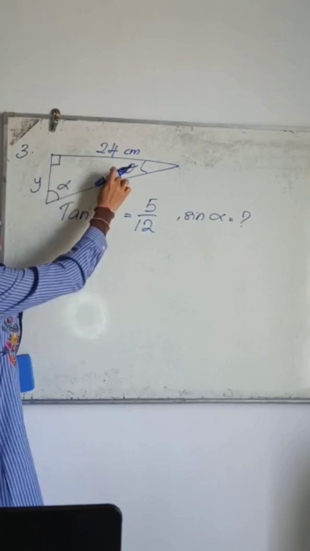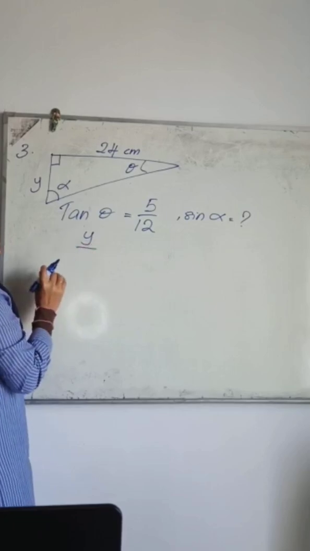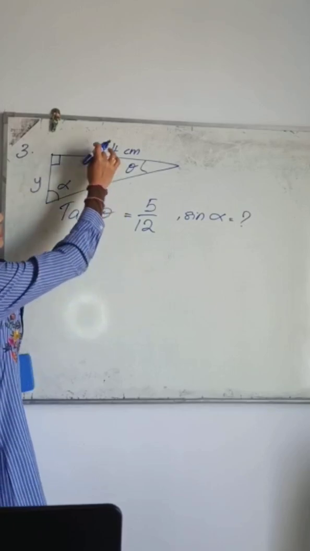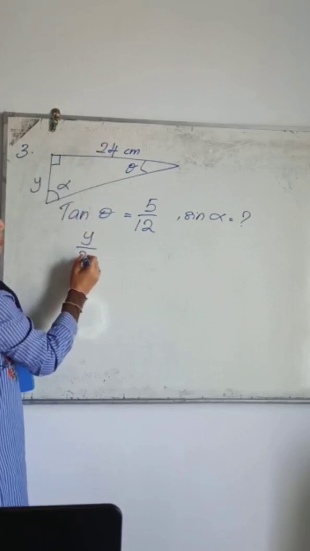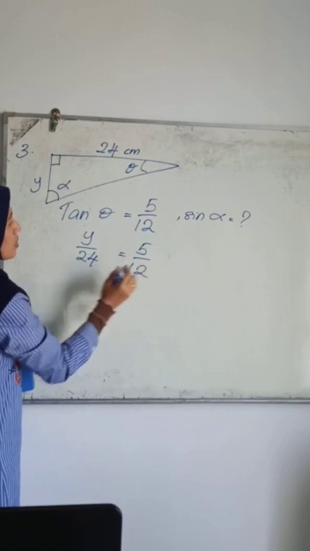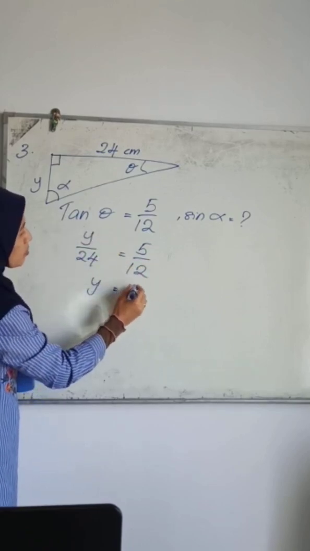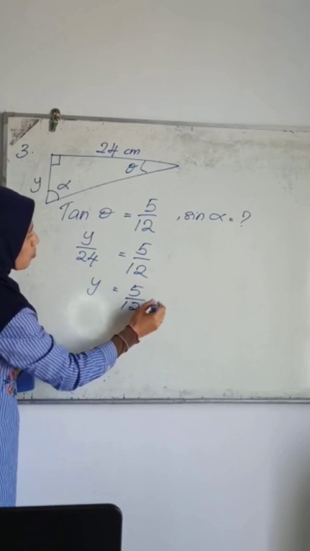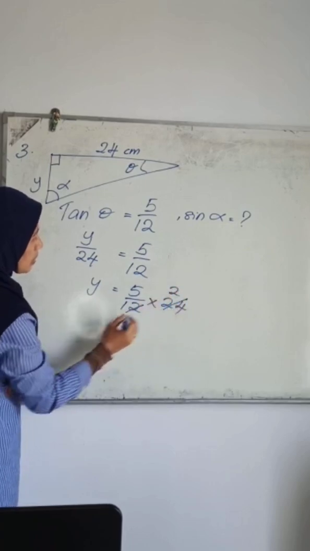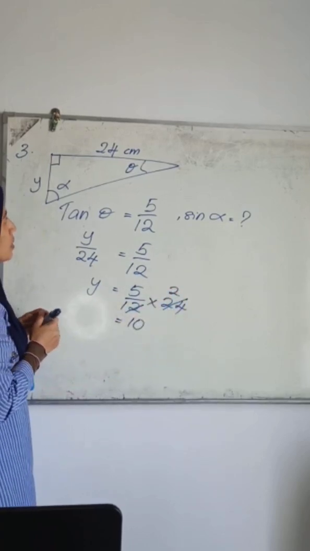Opposite of theta is y. So y per adjacent 24 equals 5 per 12. So we can find the value of y. y is equal to 5 per 12 times 24, which is 10. So y is equal to 10.